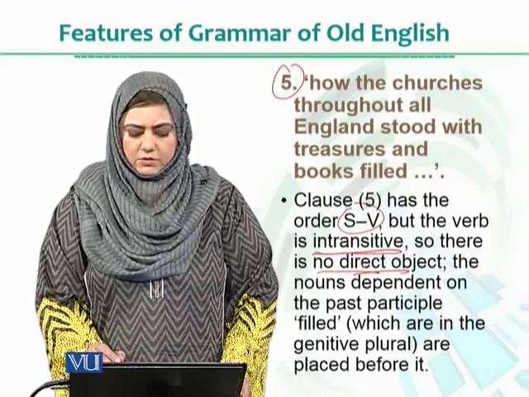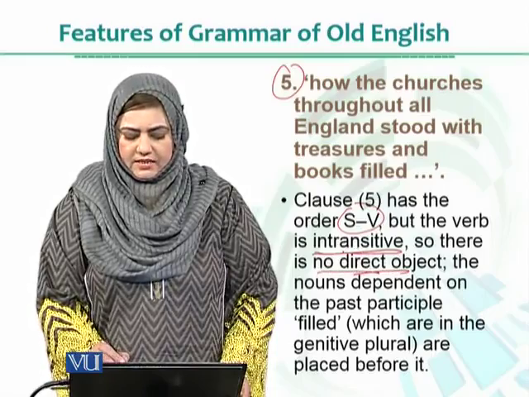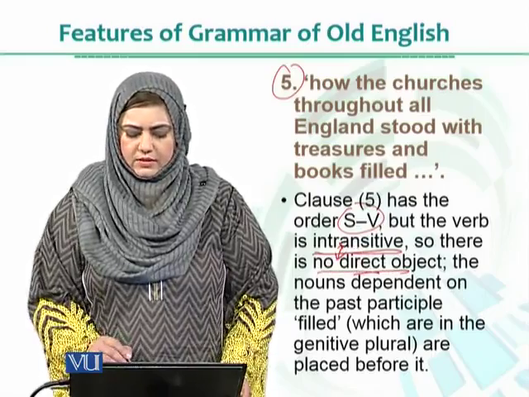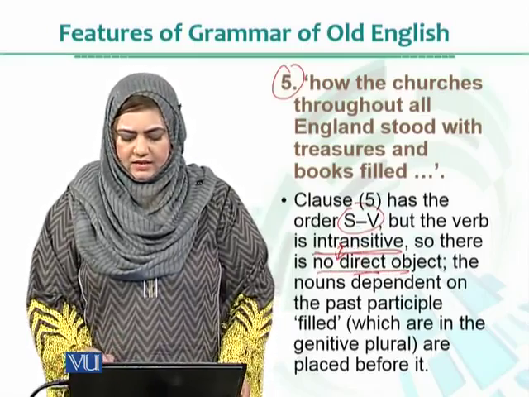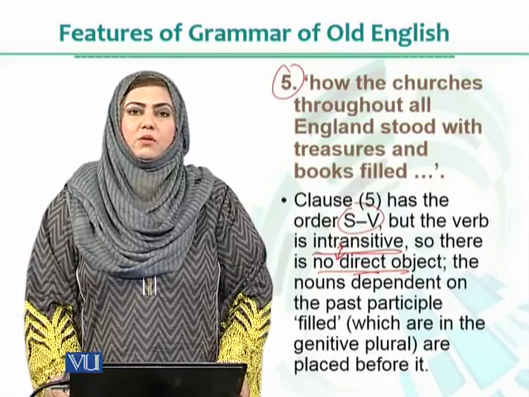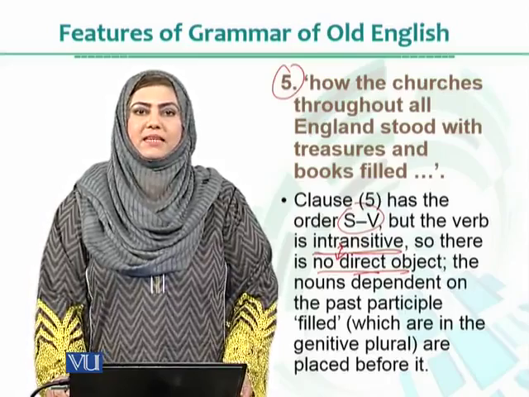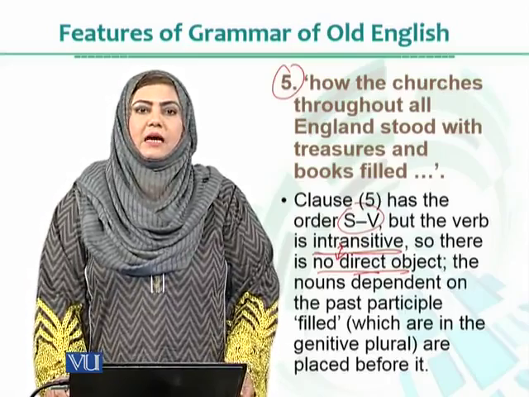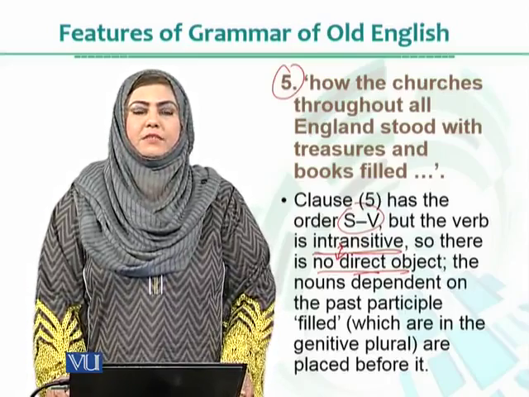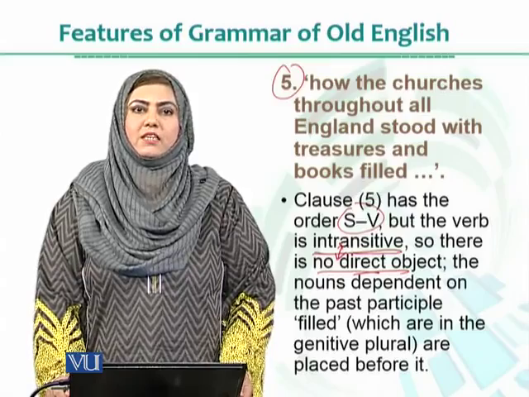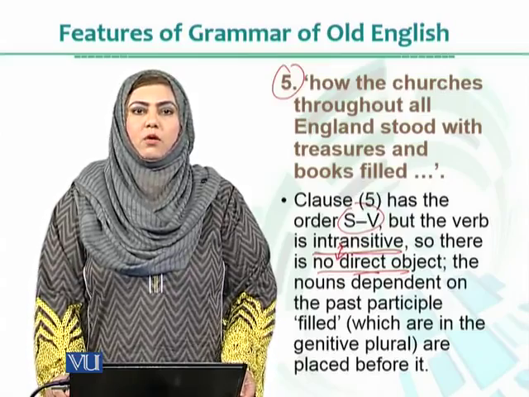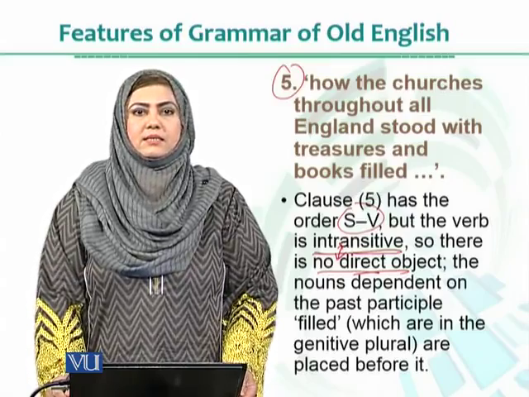Transitive verbs are those where there is a direct object. Intransitive verbs, by the way, are those where there is no direct object. I hope that through this example of five clauses from the same sentence, you can see how, with a lot of freedom and flexibility, Old English provided the use of various structures in its syntax.